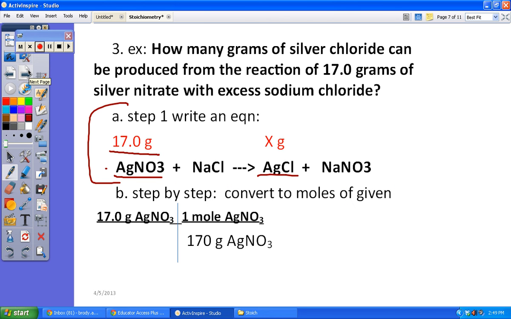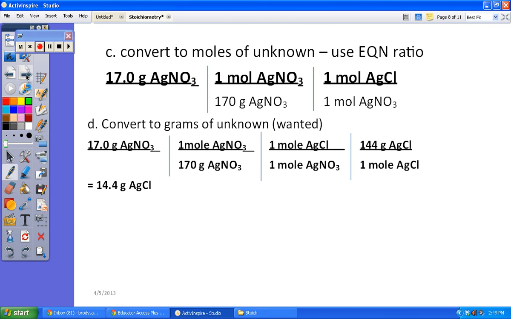First of all, we convert from grams into moles, and now we can cross out our units here. So now we're in moles of silver nitrate. Our next step involves going from moles of silver nitrate to moles of silver chloride. So now we can cross out the moles here and here, and we're left with just moles of silver chloride. But we're still not into grams yet, which is what we want to know.